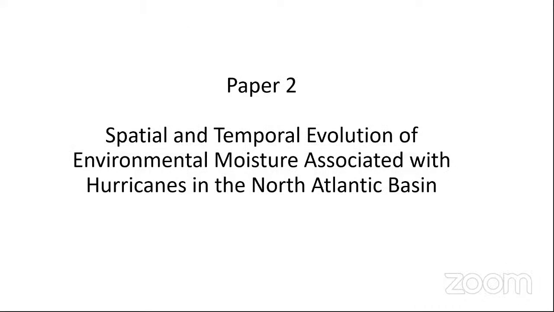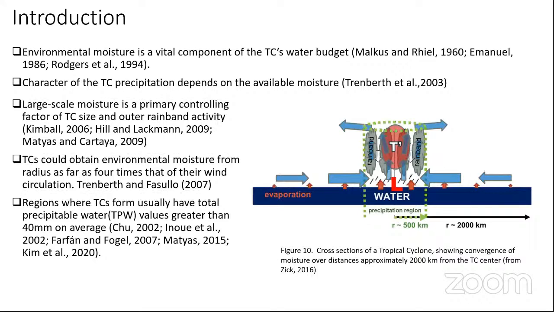That's my first paper, and my second paper is the spatial and temporal evolution of the environmental moisture associated with hurricanes in the North Atlantic Basin. One important thermodynamic factor influencing TC formation and maintenance is the availability of a large amount of environmental moisture, which is the vital component for the TC's water budget.